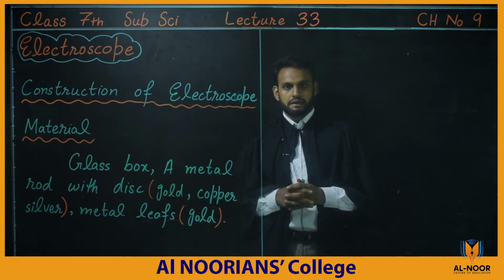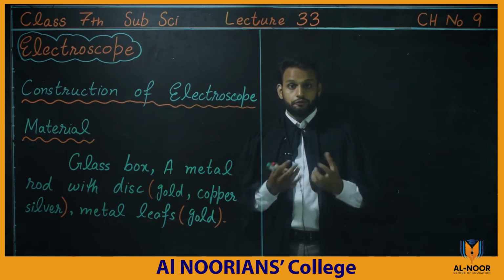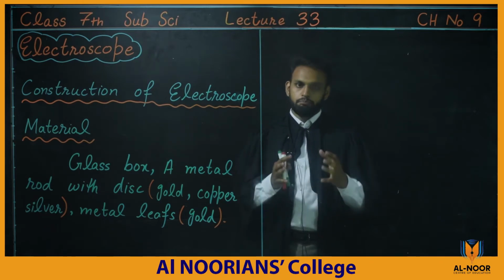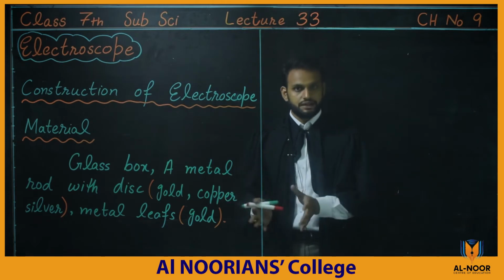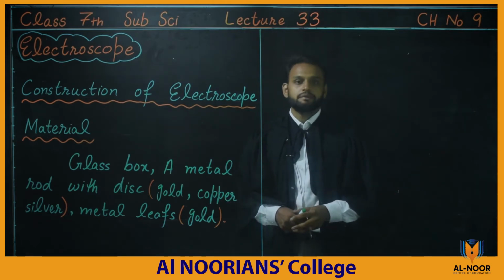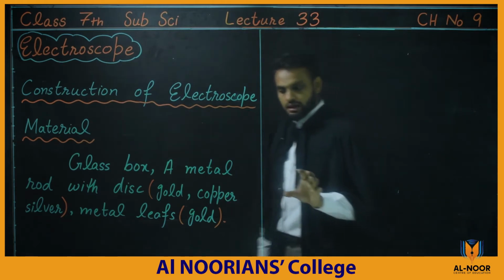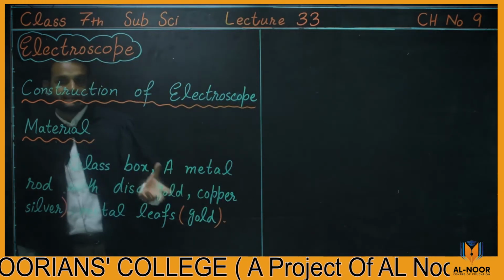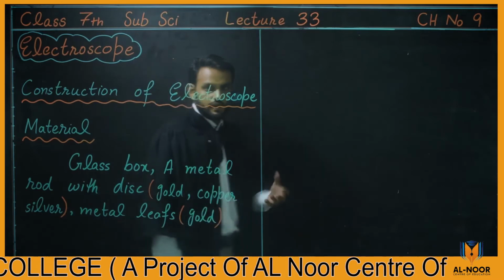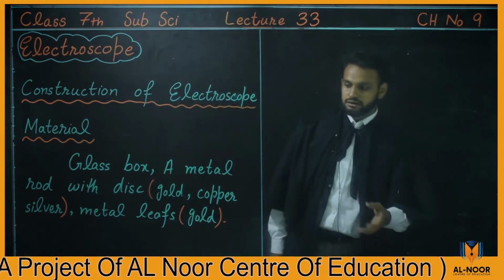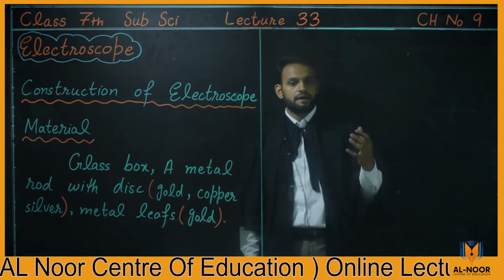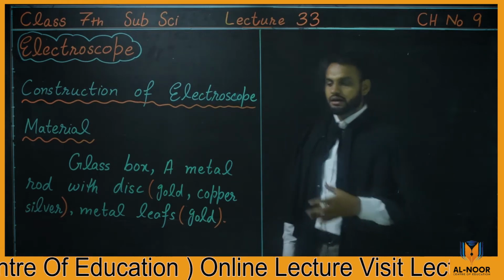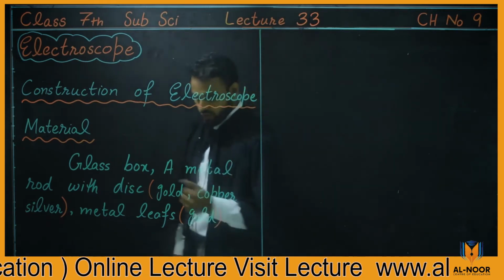Why do we use gold here? Because it is a soft metal. It can be easily charged or discharged. That's why here we use gold. So this electroscope is also known as gold leaf electroscope.